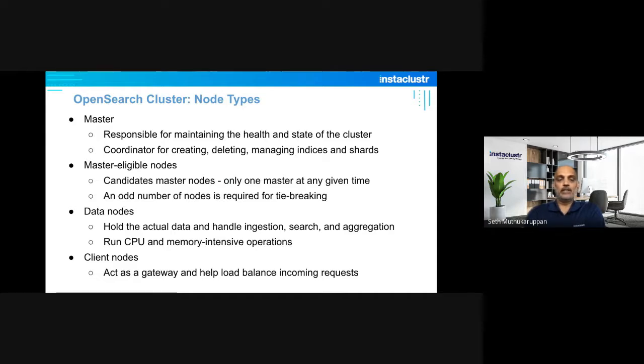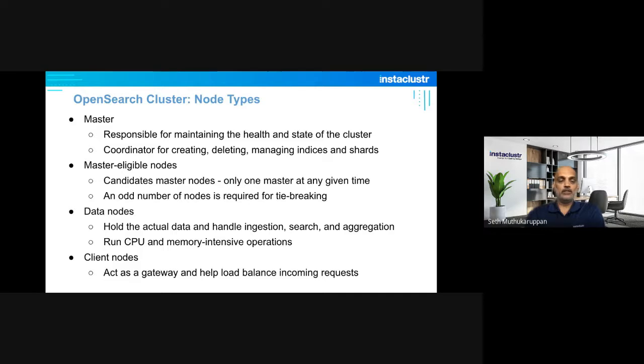They coordinate creating and deleting the indices and shards, and they come from a group of master eligible nodes, which are the candidate master nodes. At any one time, you can have only one master node, and so you would need an odd number of nodes for tie breaking purposes.